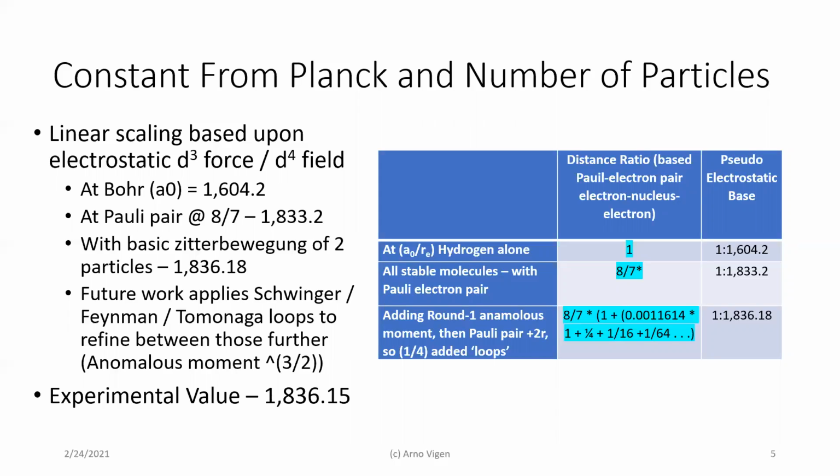Now I was almost there, but then I remembered that we had to get the anomalous moment. And that is, we have to add in that the particles have distance. And when you do that, I get to 1 to 1836.18, which is a very close mass to the experimental value of the ratio of the mass of an electron versus the mass of a proton.